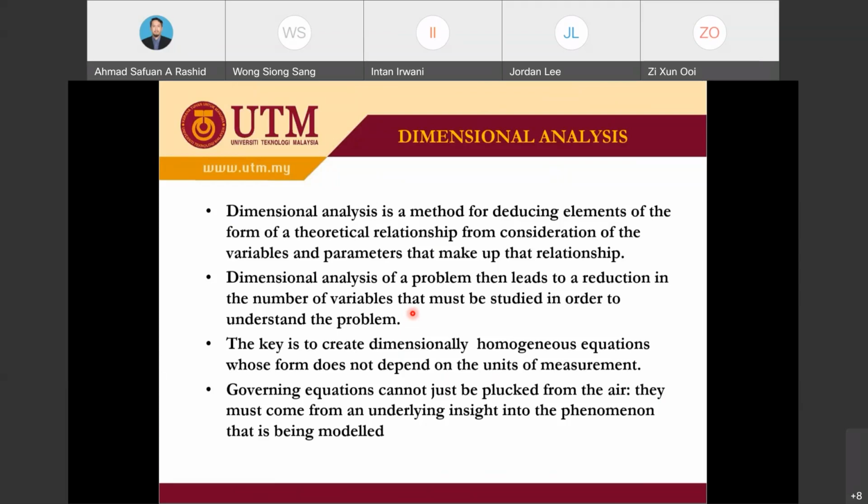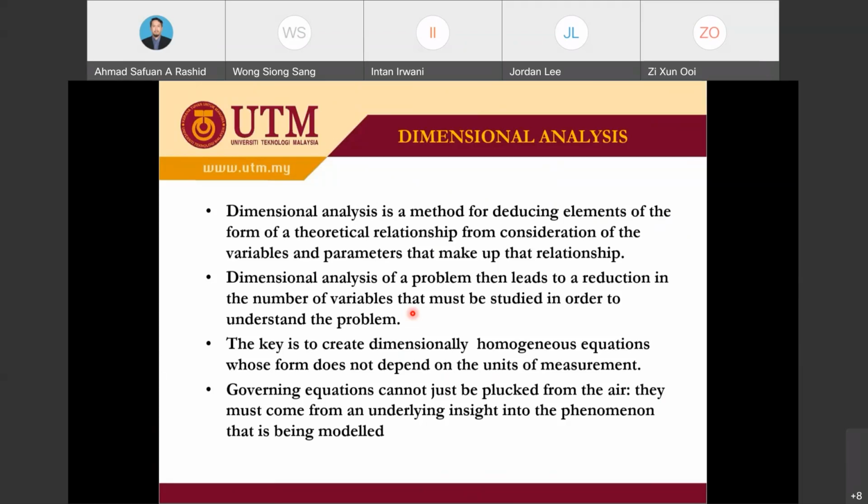The key is to create a dimensionally homogeneous equation whose form does not depend on the units of measurement. So the objective of dimensional analysis is to create a dimensionless equation.